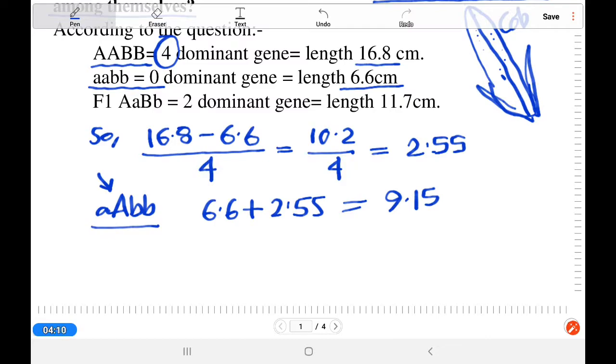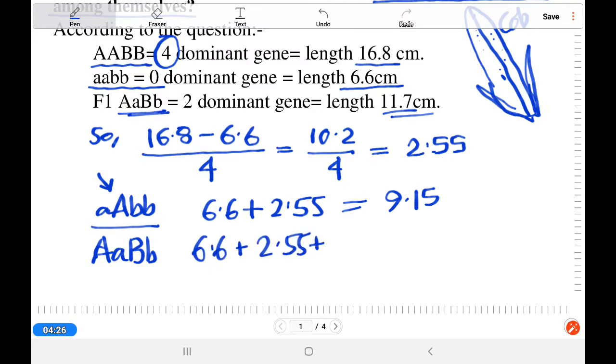And if it is AAbb, like this one, then it will be 6.6 plus 2.55 plus 2.55, you can check it, which is 11.7 centimeter.